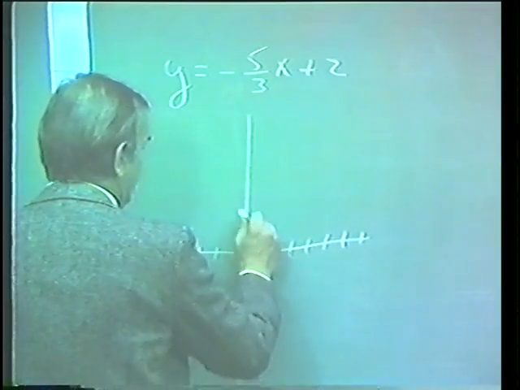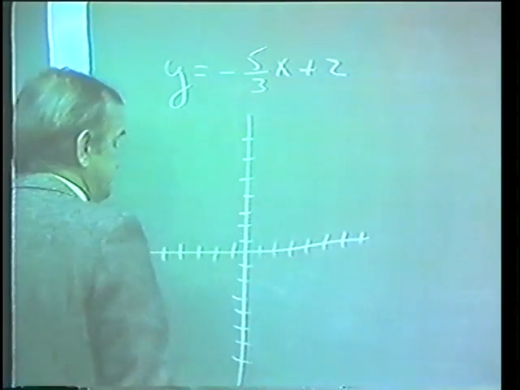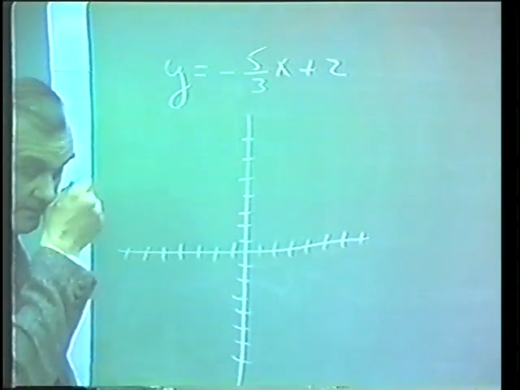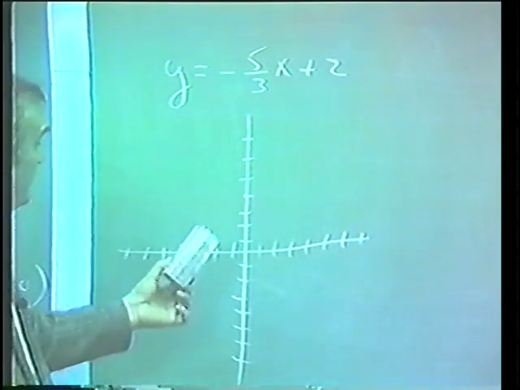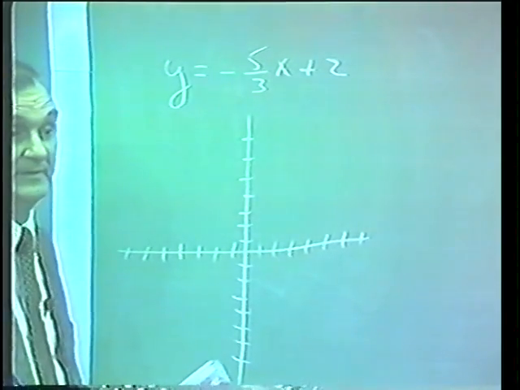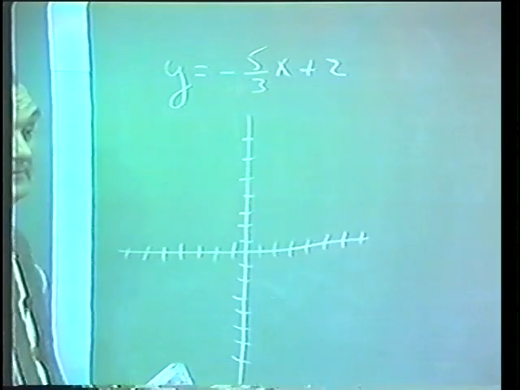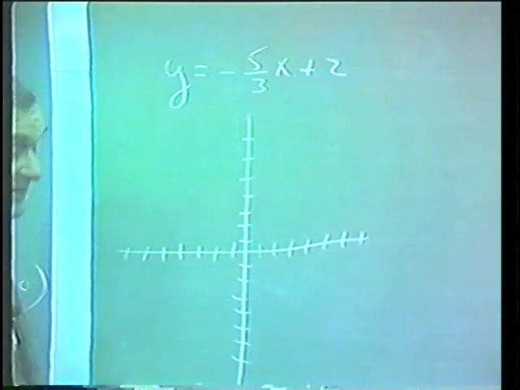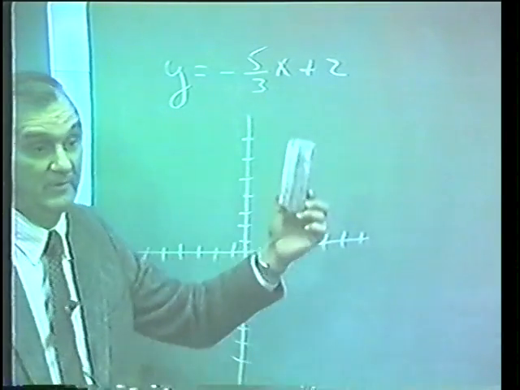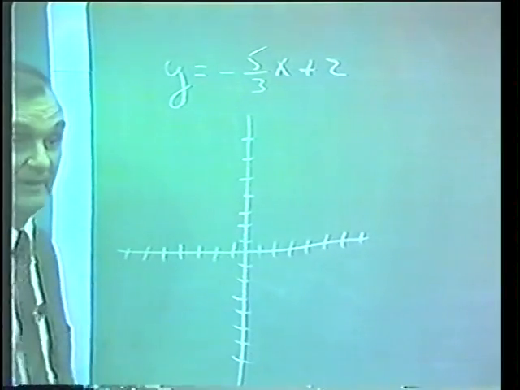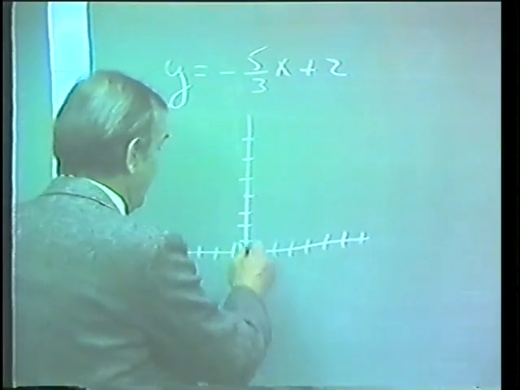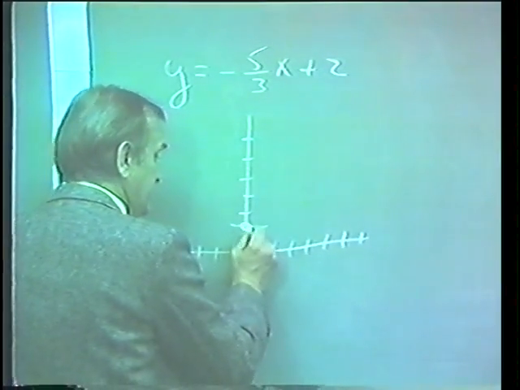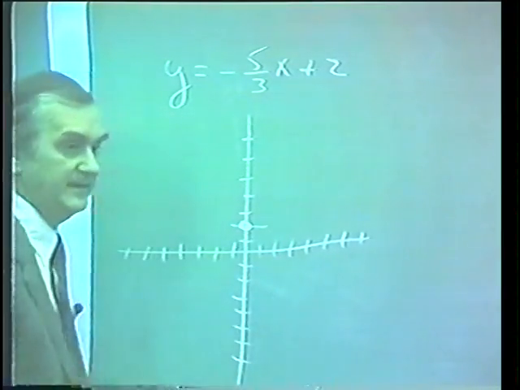Now, where does this line cross the y-axis? 2. Remember, when you have it solved for y, the constant always represents the y-intercept. So we have one point, we know the line is going to cross the y-axis right there.